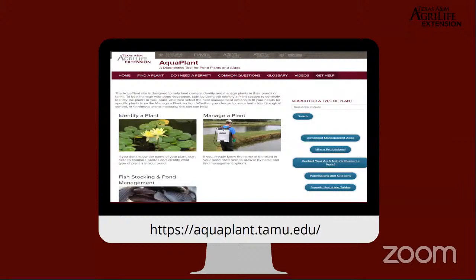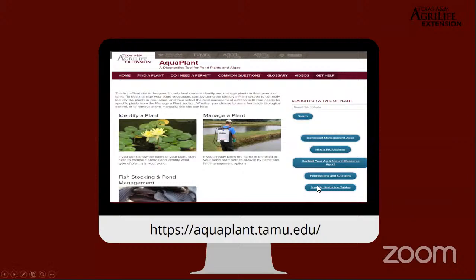It's definitely not what you're going to find in a field guide. Those can be a little complicated, and these are very determining factors. Once you're able to identify what you're trying to manage, it'll have all of the effective management options listed for that plant, whether you're looking for mechanical, biological, or chemical. We also have some online classes listed on this site and some other resources as well.